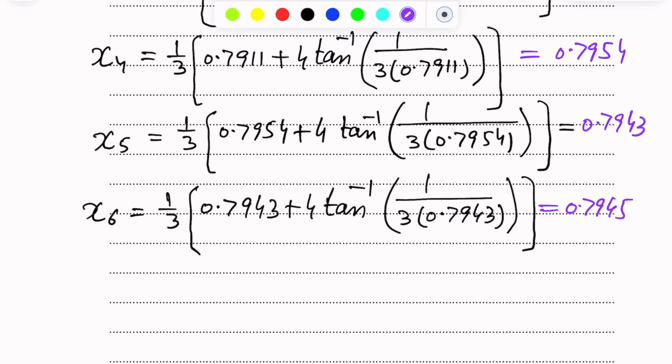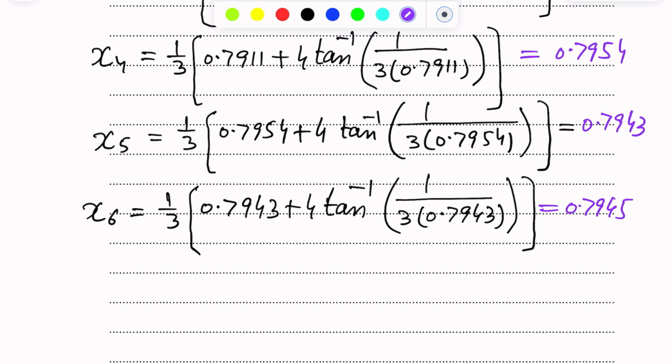Now clearly from the last two iterations, converging has occurred, because 0.7943 correct to two decimal places is 0.79, and the last iteration is also correct to two decimal places, that is 0.79.